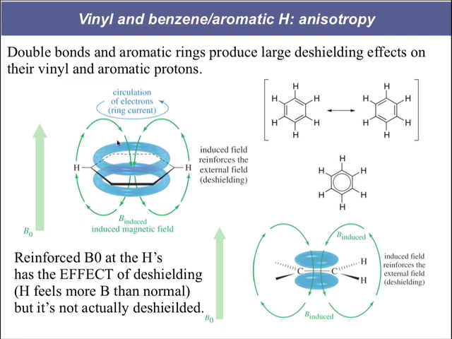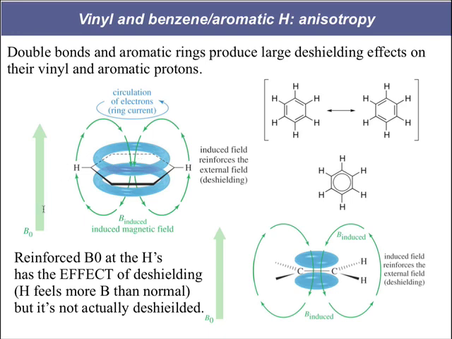And remember, we showed that when you have movement of charge, like when you have a spinning nucleus or a loop of current, that will generate a magnetic field. And the electrons in benzene, or a conjugated system, an aromatic system, that have electrons moving around the ring, the circulation of those electrons generates their own magnetic field.